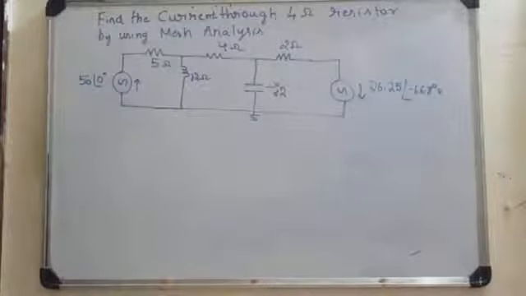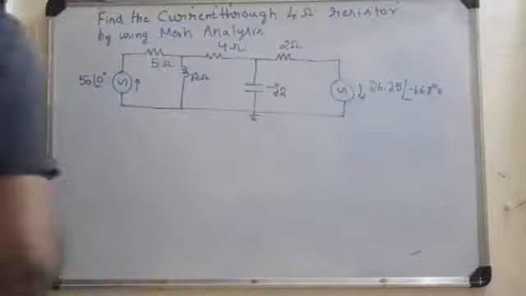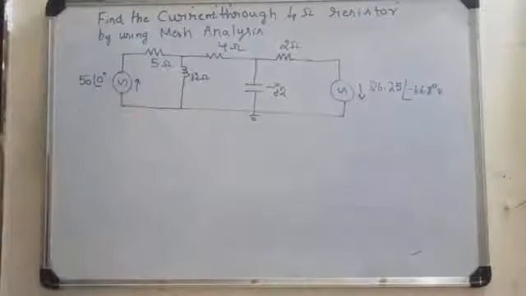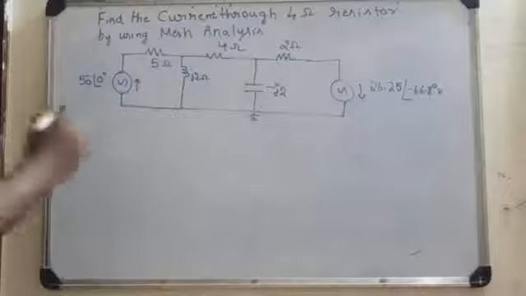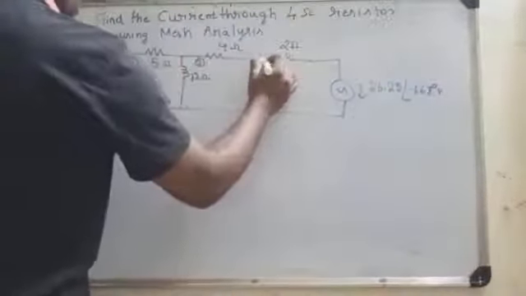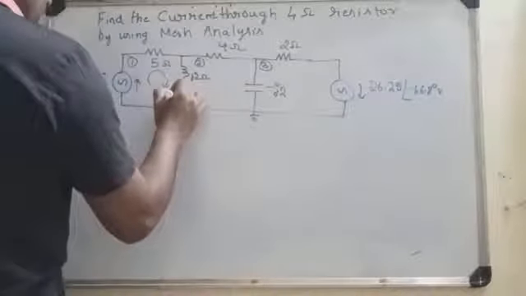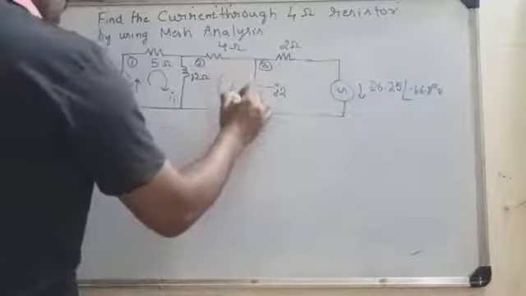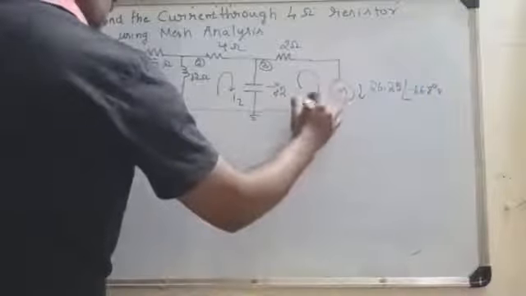So first thing is, note down the branch currents. So this is loop 1, this is loop 2, this is loop 3. So let's say this current is I1, this current is I2, this current is I3.